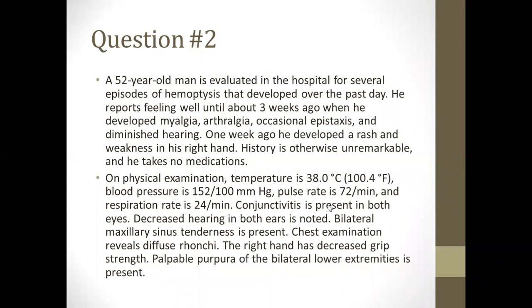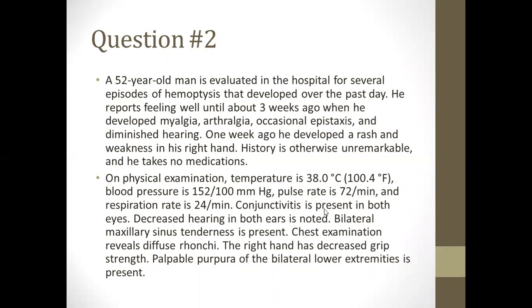On physical exam, temp 100.4, blood pressure elevated at 152/100, pulse rate 72, respirations 24. He has conjunctivitis in both eyes. He has decreased hearing in both ears. He has maxillary tenderness. Chest exam, he has rhonchi. Right hand, decreased grip strength. He has palpable purpura of the bilateral lower extremities.